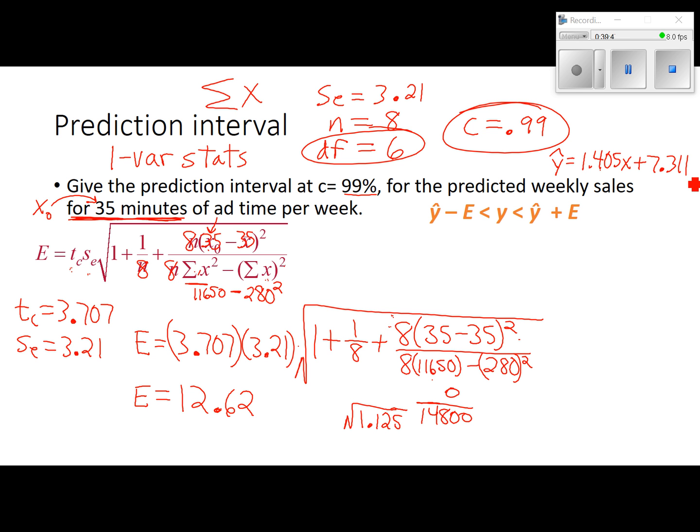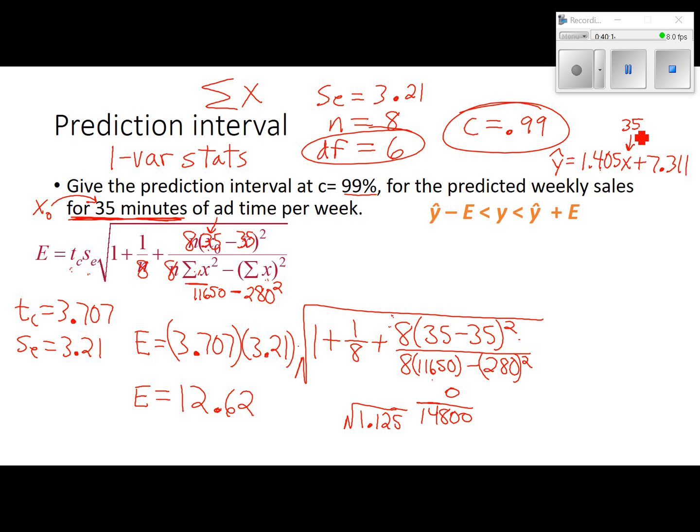And all I'm going to do, we're trying to predict for x at 35, so right here in place of x, I'm going to stick in 35, and on my calculator, I just punch all that in. 1.405 times 35 plus 7.311.